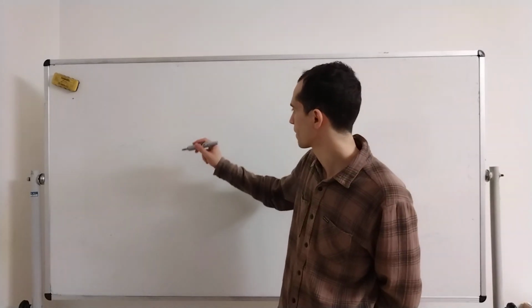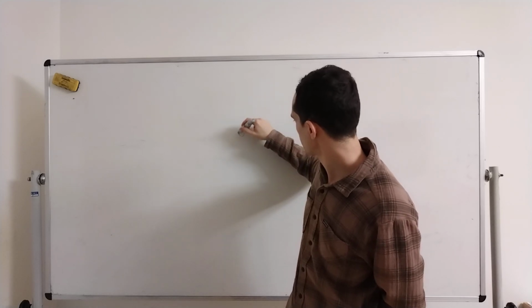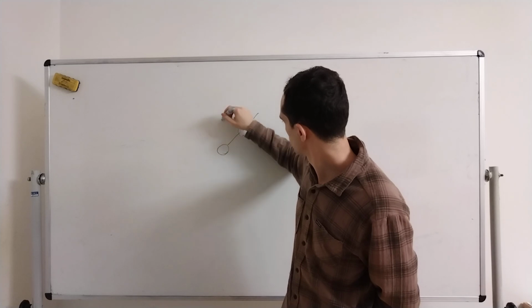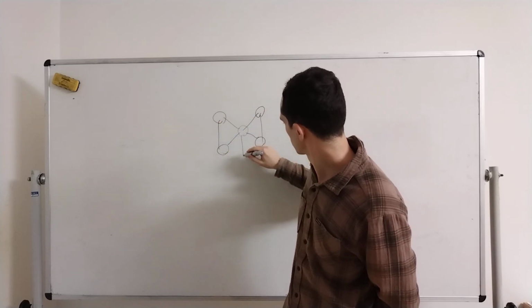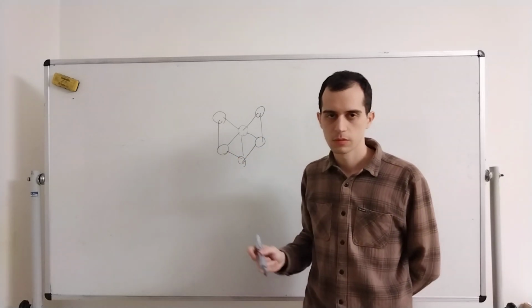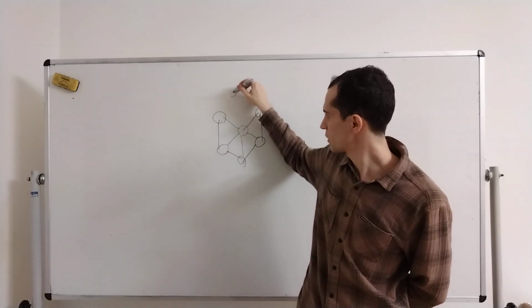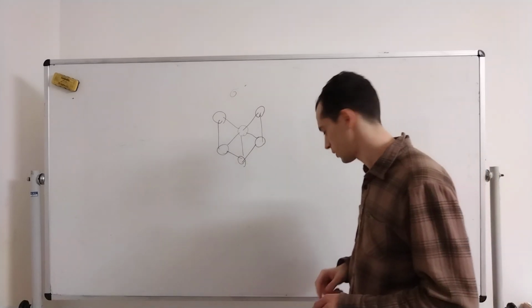It's very easy to see. So let there be a planar graph G. How to find a planar graph G prime that contains it as a minor and has maximum degree 3?